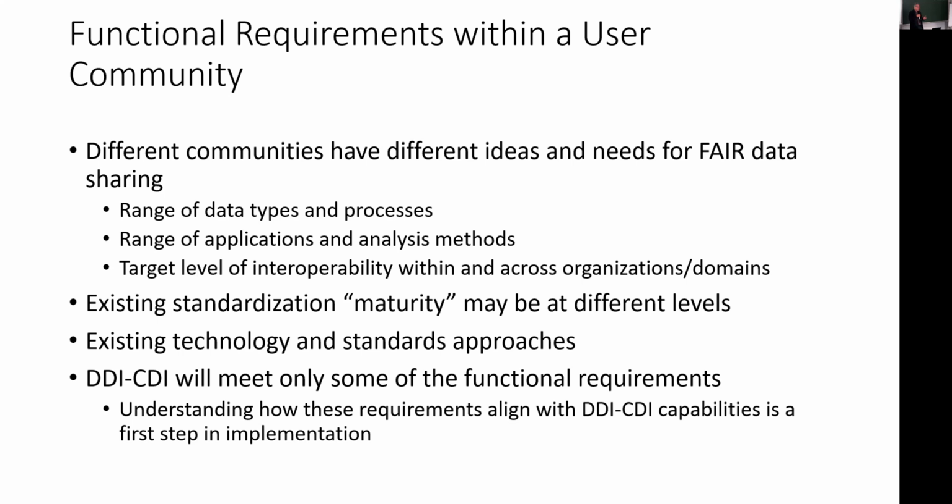Is that actually FAIR? Not by my understanding of it, but every community has a different sort of target level that they think is achievable. And you want to encourage all of them to do it to the extent possible and to do it in the same way. But there will be different levels of maturity within different communities, and we have to recognize that.